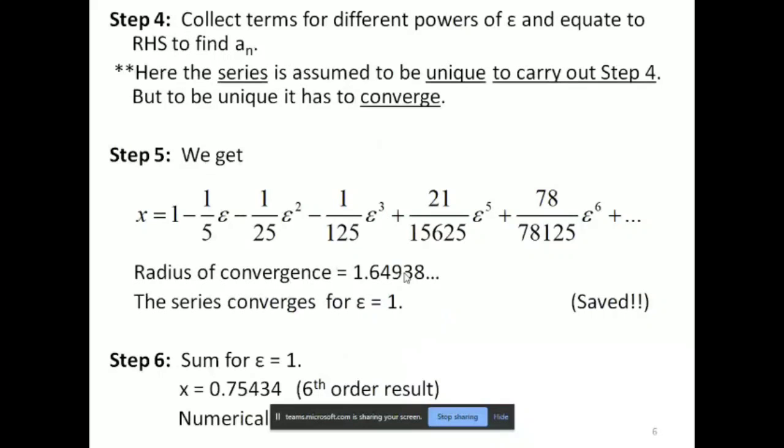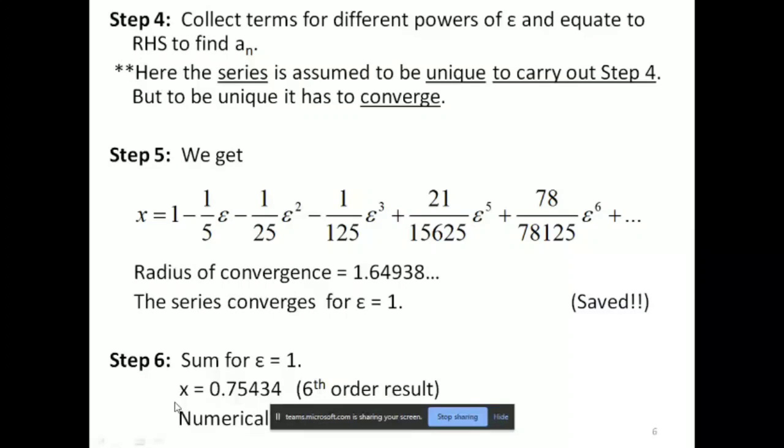So we are definitely safe here. We can put the value of epsilon to be 1 and get the answer. It will not diverge. So our answer is x equal to 0.7544 to sixth order, and the numerical value is around 0.75488. So this was simple.